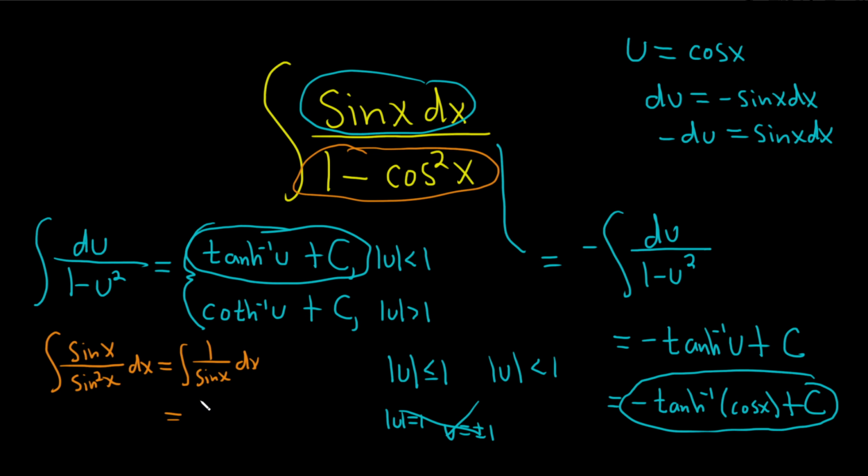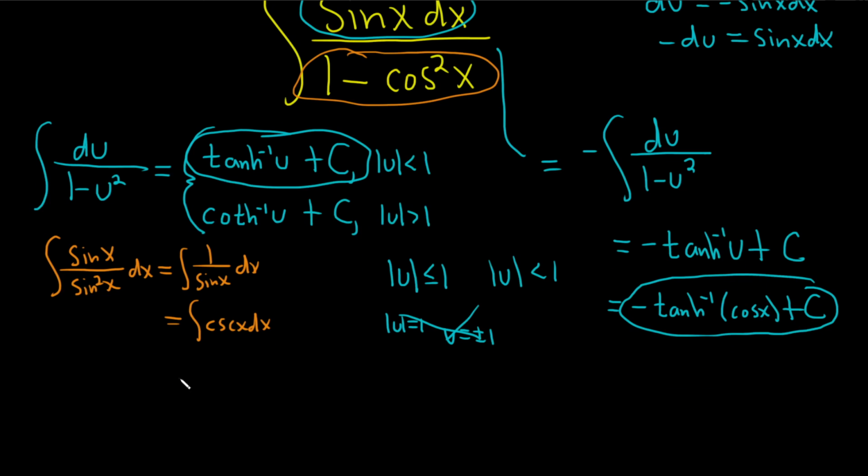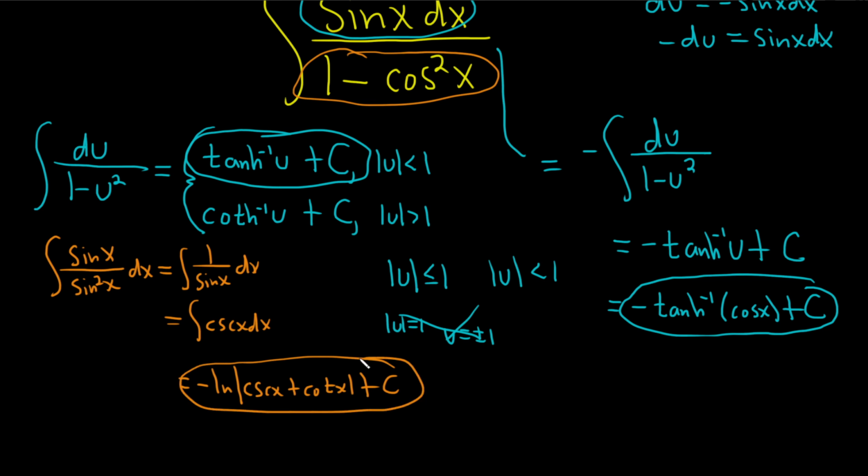And then that's cosecant x. And then you just have to know the formula for the integral of cosecant. So this would be negative ln absolute value cosecant x plus cotangent x plus c. So that's another way to do it, much faster. But it does require this formula and it does require a trig identity. So both ways do require some work.